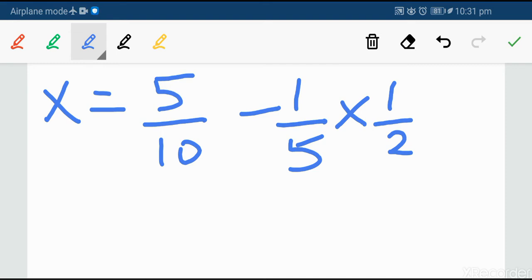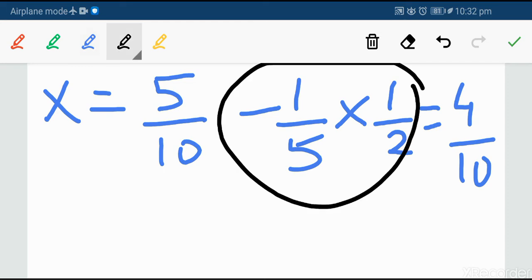So how much will he be getting? Calculate. It will be 4/10. Calculation part is very much important, so you have to be very sure about your calculation. You can't afford a single mistake.